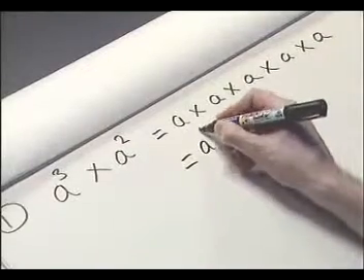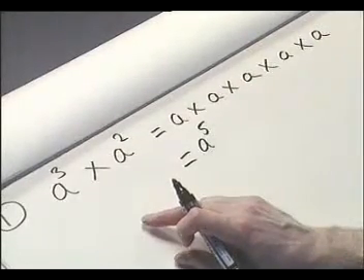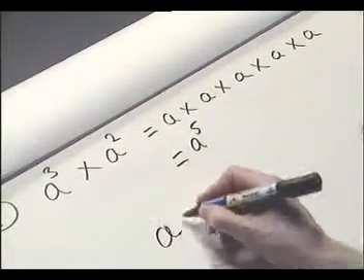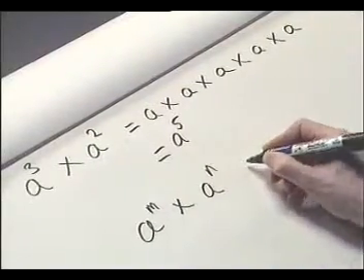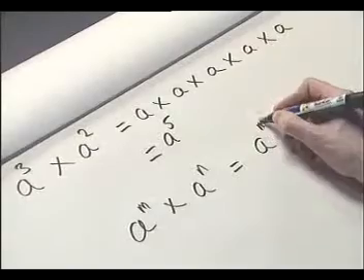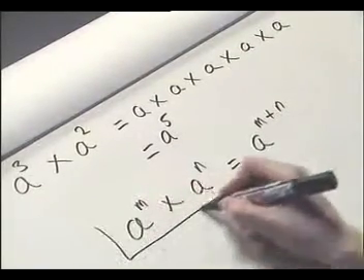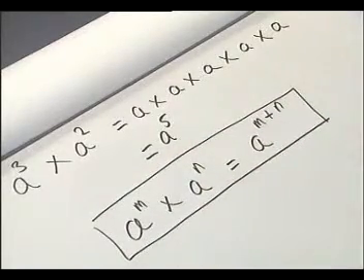A to the power 5. And that suggests our very first rule, that if we're multiplying together expressions such as these, then we add the indices. And so if we have a to the m times by a to the n, then the result is a to the m plus n. And that's our first rule.